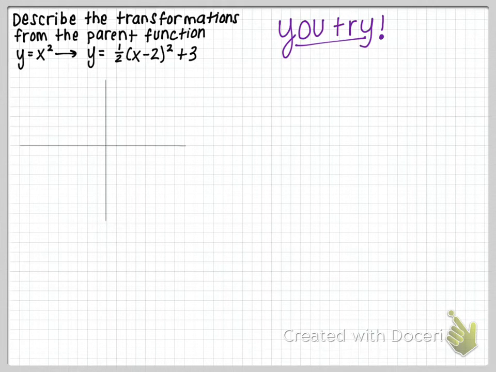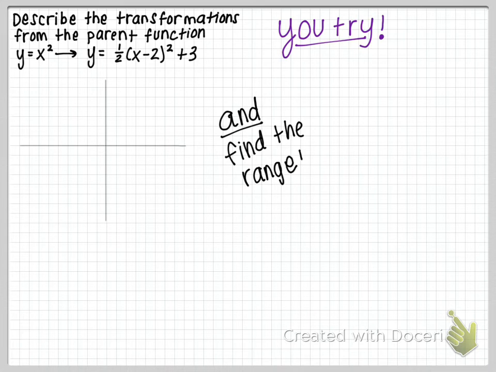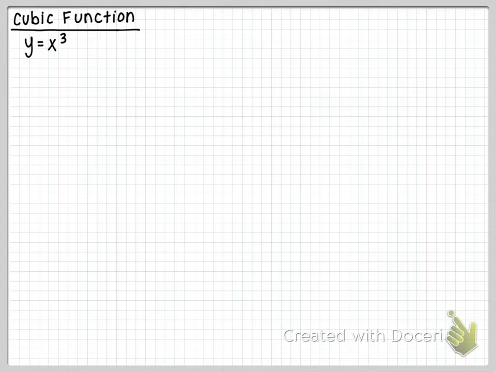Tell me what's going on here. Then I want you to graph it, and then I'm going to come check it, and then do the range. Let me write that. And find the range. Okay, so do that. And then show me.